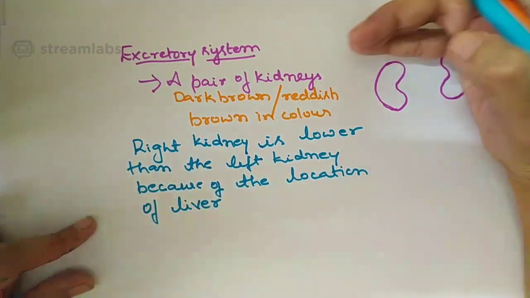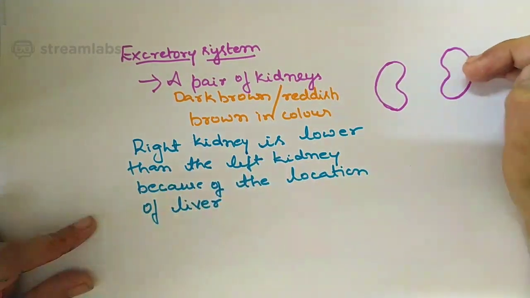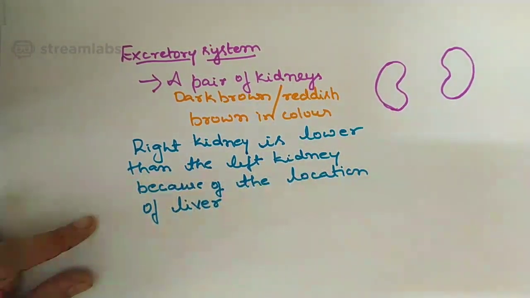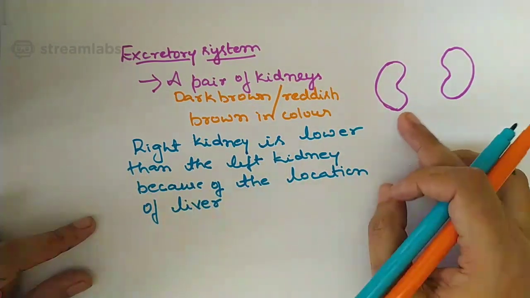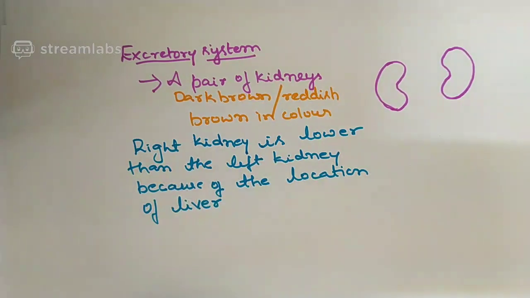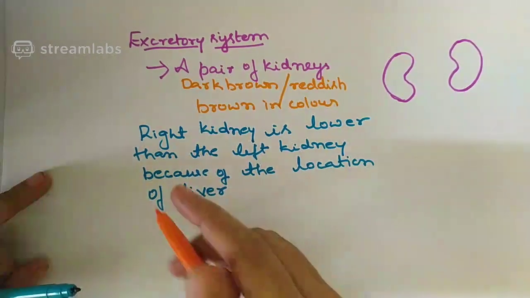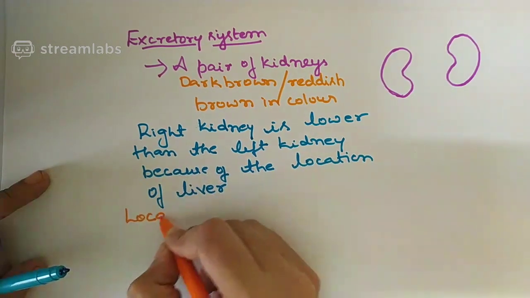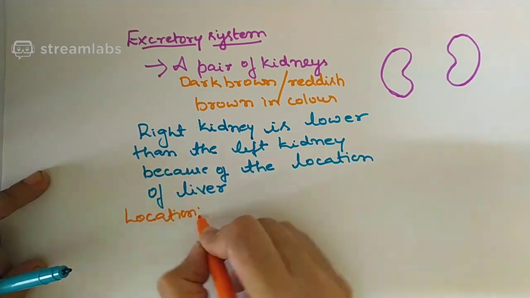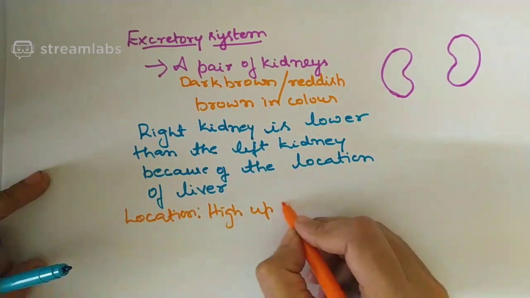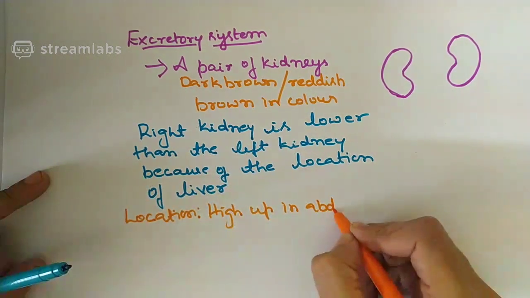That is why the right kidney is lower than the left kidney. Then where is this kidney located? The kidney is located high up in the abdominal cavity.